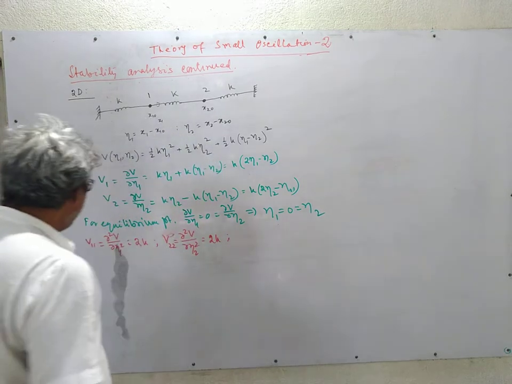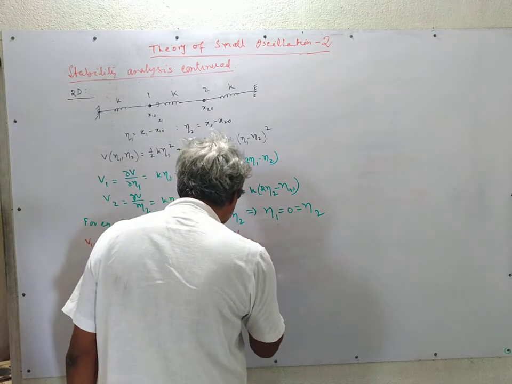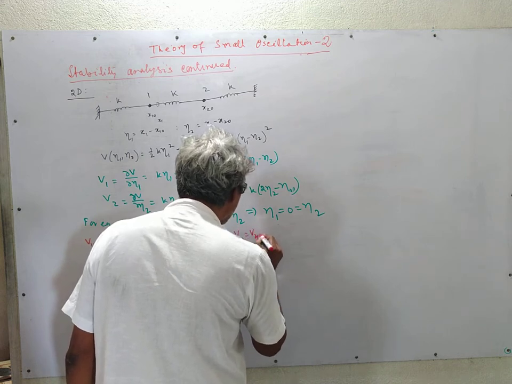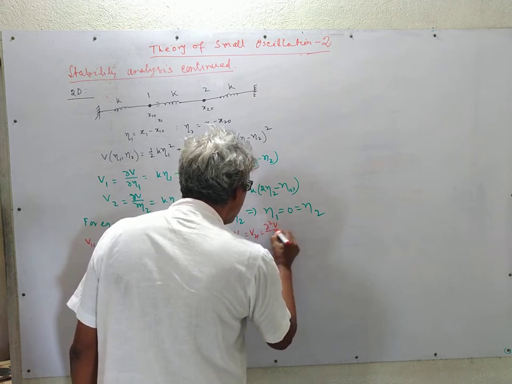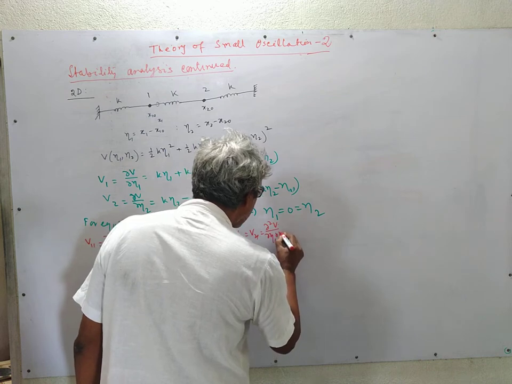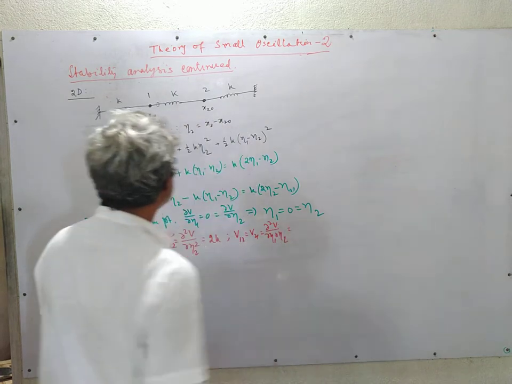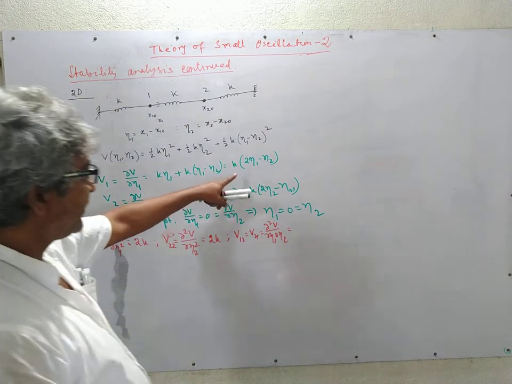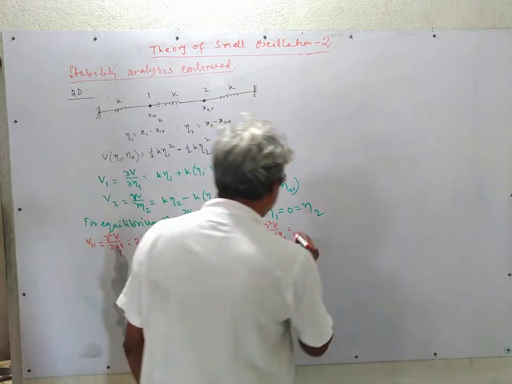And V12 and V21 are the same, del 2V del eta 1 del eta 2, which can be obtained from either of these. This is minus K.